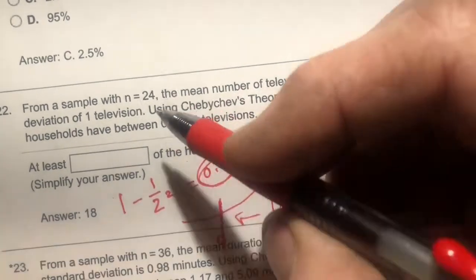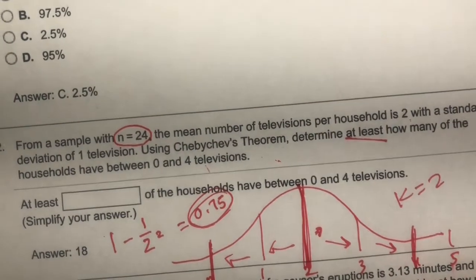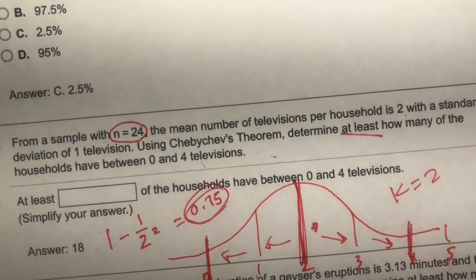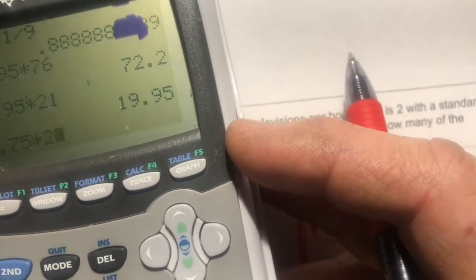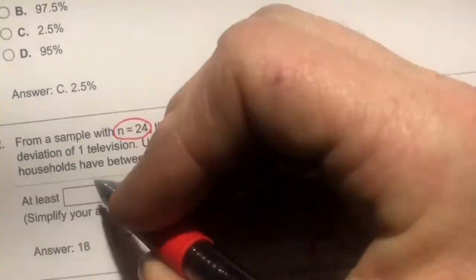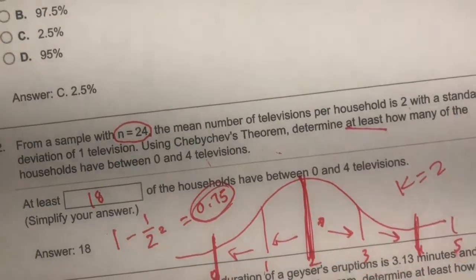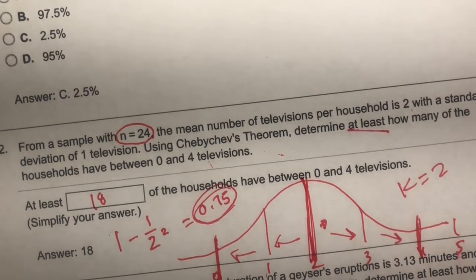So if there's 24, I do 75% of 24. So I just do a little multiplication here. 0.75 times 24, and I get 18. So that means at least 18 of the households have between 0 and 4 televisions.